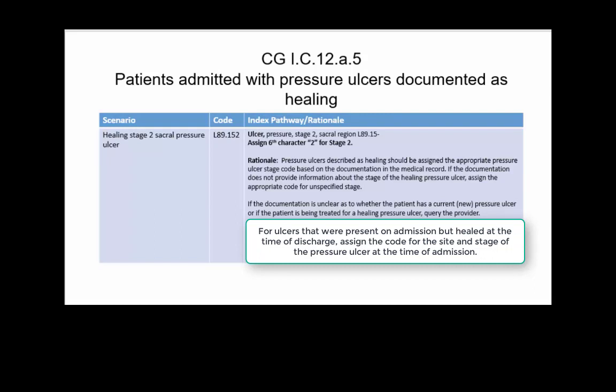I also have here in red on the right, you see that this is a new situation. For ulcers that were present on admission but healed at the time of discharge, you're assigning the code for the site and the stage of the ulcer at the time of admission. So even though the ulcer is healed by the time of discharge, you are going to code what it was at the time of admission.